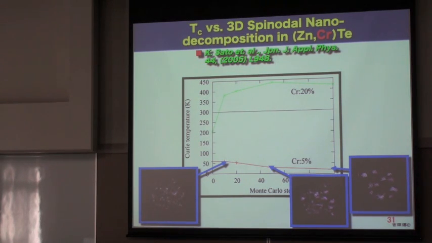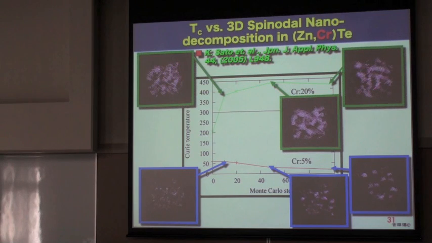Then finally TC becomes 0. This is called superparamagnetism. But if the concentration is more than 20%, with increasing Monte Carlo steps, you can see that you have a complete connection throughout the whole crystal. Then you can see TC dramatically increases like this.